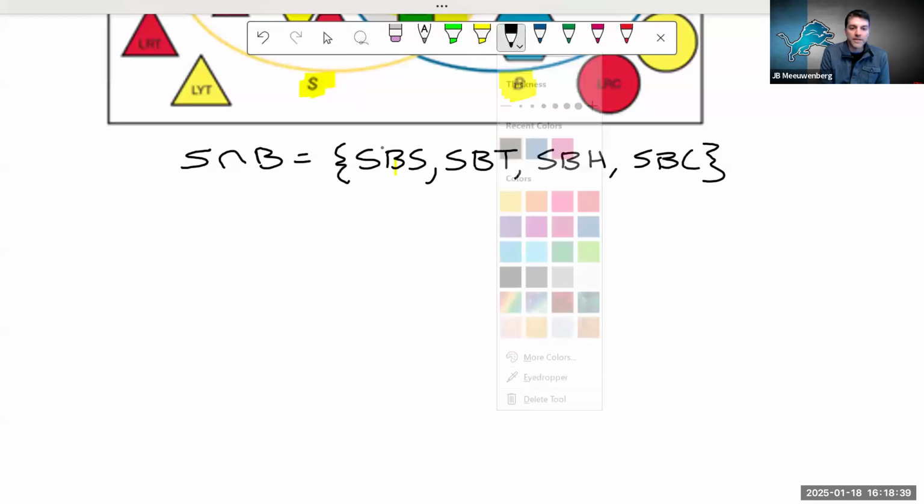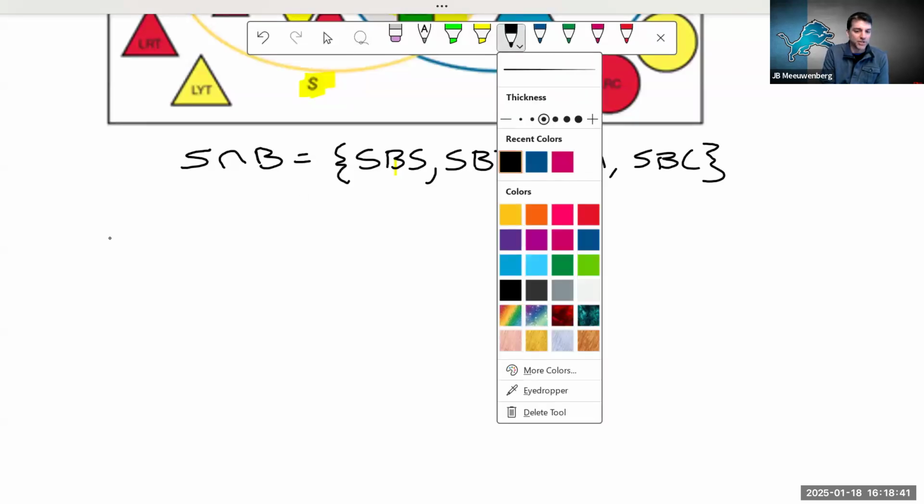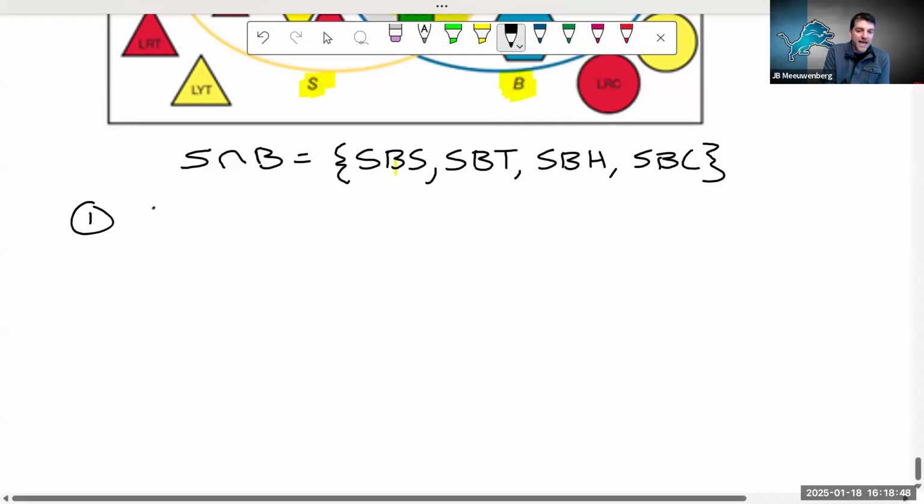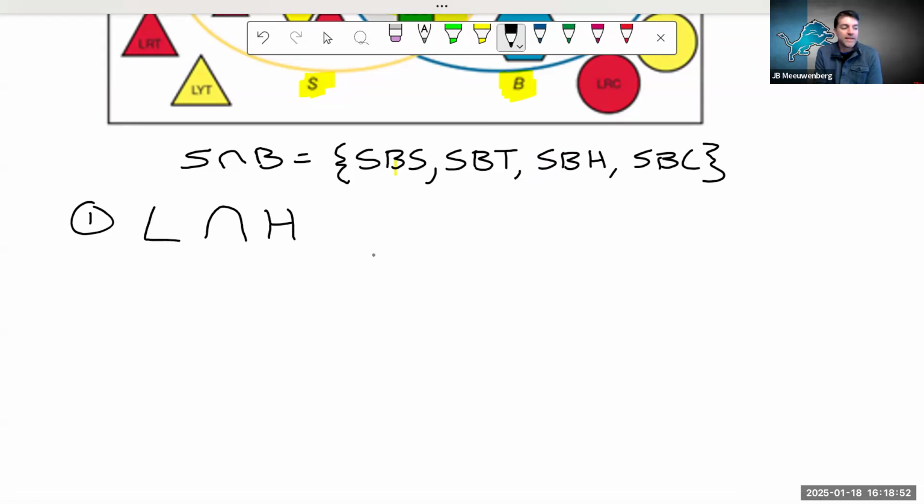What we're going to do is find the intersection of each pair of these different types of attribute pieces. So number one is L intersect H. We're going to find the intersection of L intersect H, which basically means large for L and hexagons for the H. So they are large pieces and they are hexagons, okay?